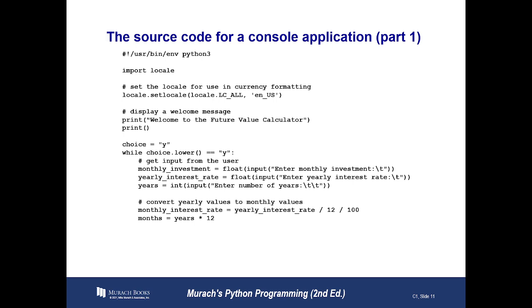So the years times 12, for example, gets resolved first, and then the assignment operator occurs, which means that there's got to be a single value that gets resolved on the right-hand side of the equal sign, that last statement. And then that gets assigned to months, and whatever data type that happens to be is what months will take on as its data type.